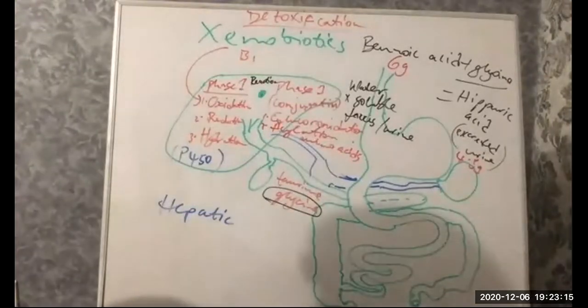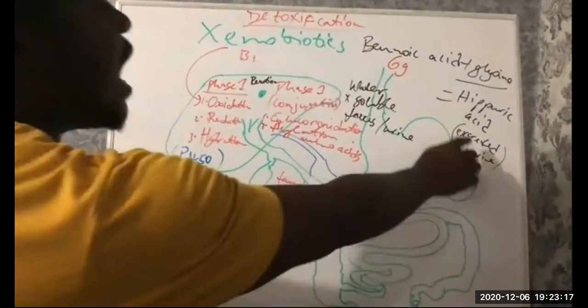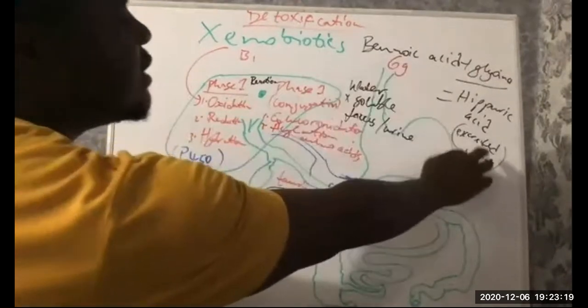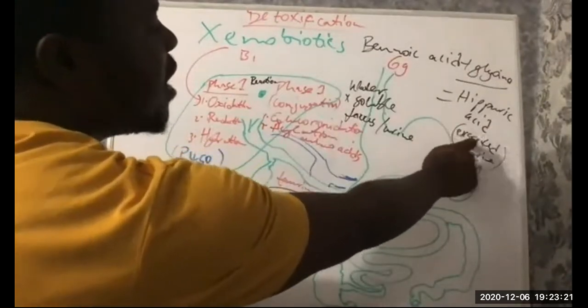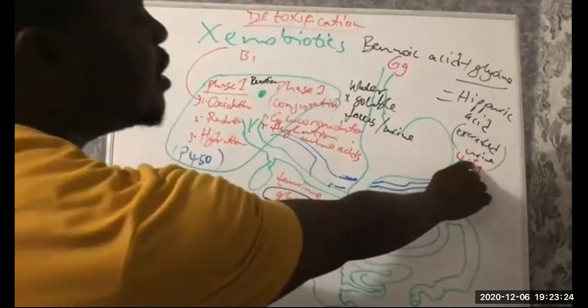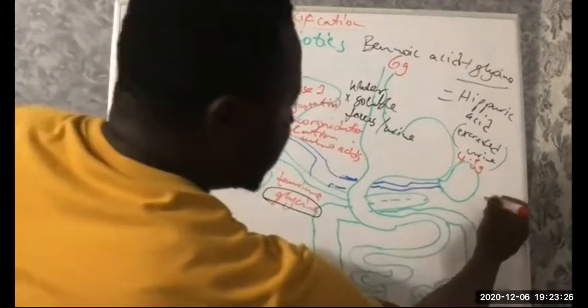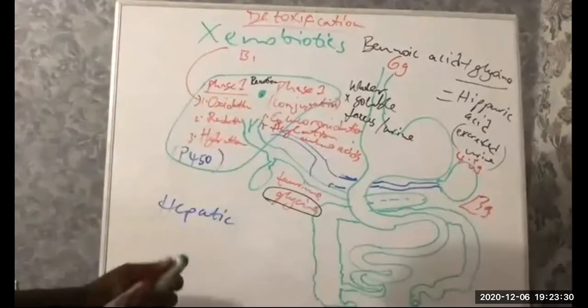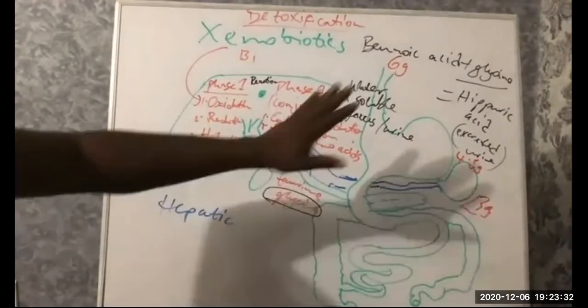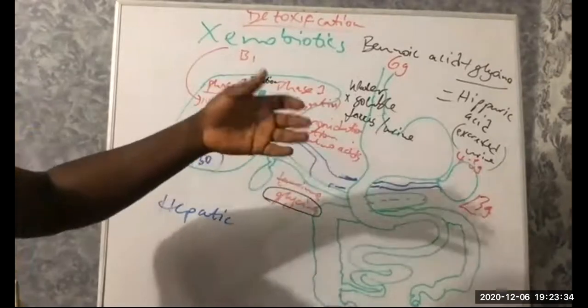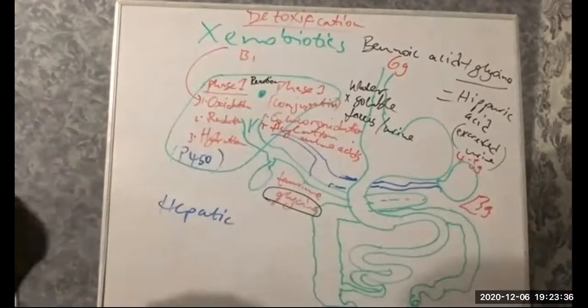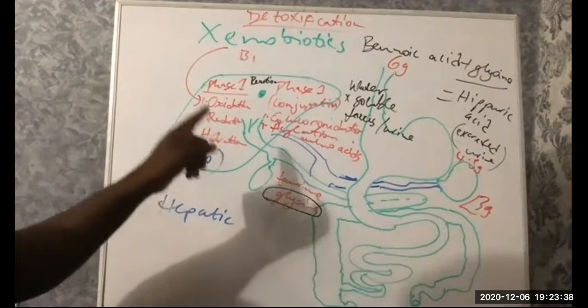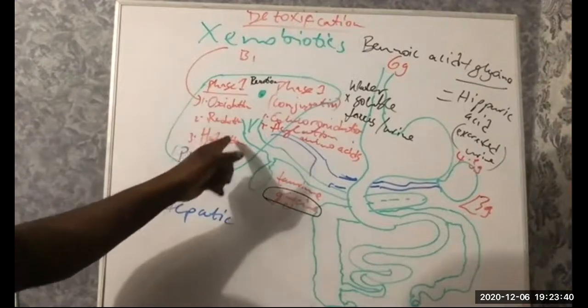But if detoxification is not occurring, the amount of benzoic acid seen in the hippuric acid found in the urine should be below 3 grams. Okay? It should be below 3 grams. So this is the hippuric acid test. It's a test done to check the detoxification function of the liver.